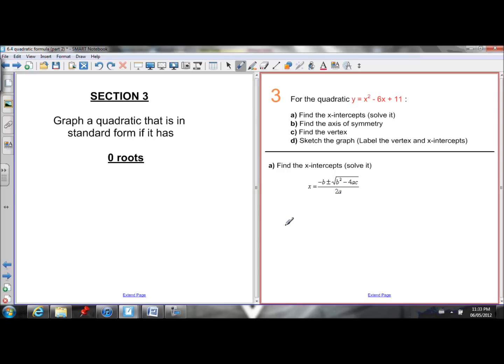Let's just go ahead and verify that this has no roots. So my a value is 1, my b value is negative 6, and my c value is 11.